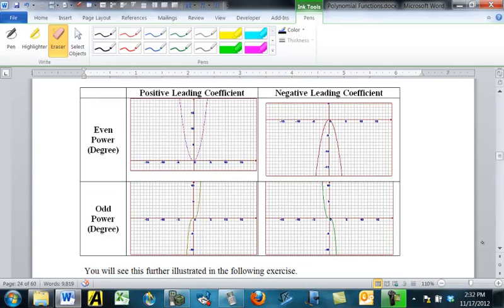If we have a positive leading coefficient, in both cases, even or odd power, the degree, the highest power, you're going to see the right side go up. If the leading coefficient is negative, the right side is going to go down. For the odd power, the arrows are going to be opposite each other, and for the even power, the arrows are going to be the same. When I'm talking about the power, here it's on a power function, but in general, it's going to be on that leading term.